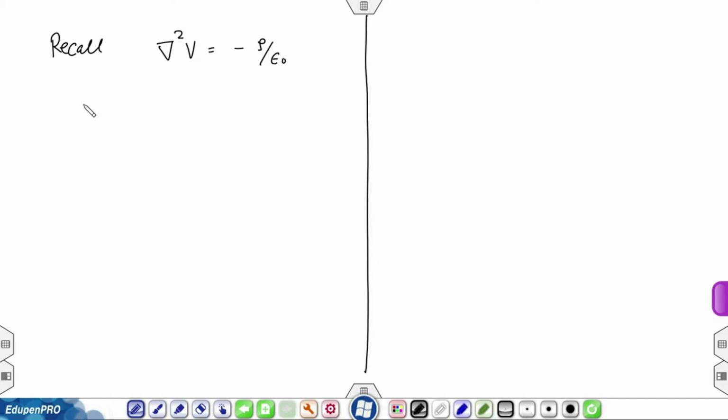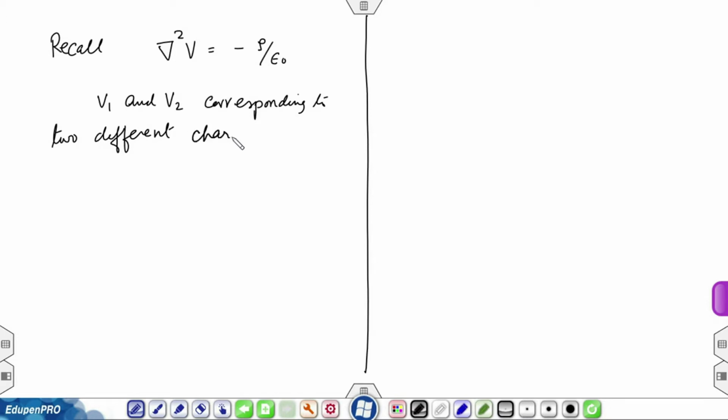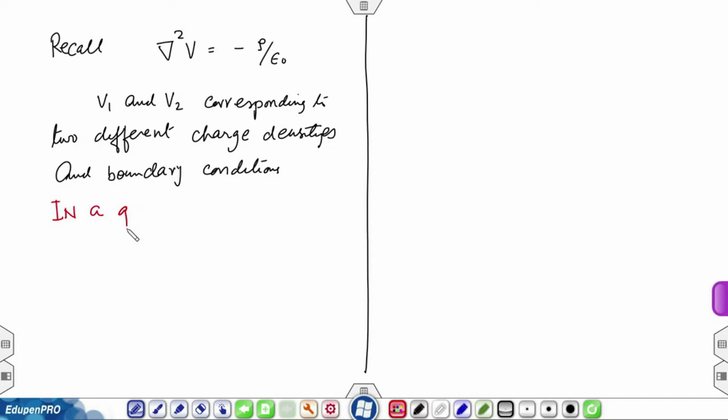Let us take two potentials V 1 and V 2 corresponding to two different charge densities and boundary conditions in, and this is very important, the geometry remains the same, in a given volume with a surface, and this remains unchanged in both the cases.